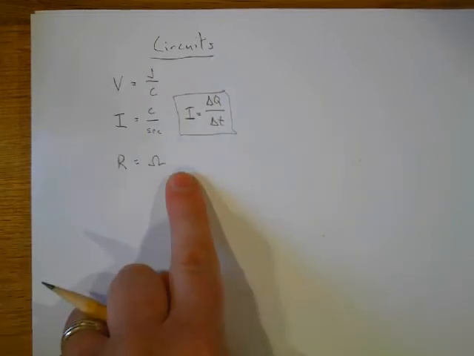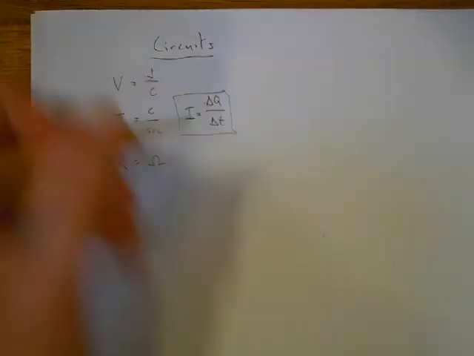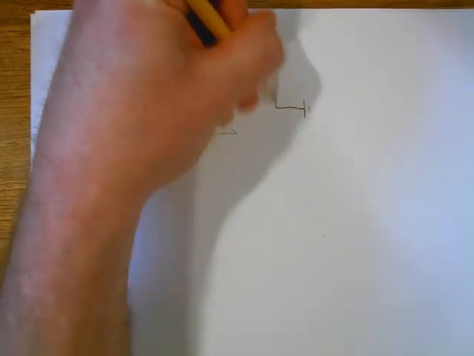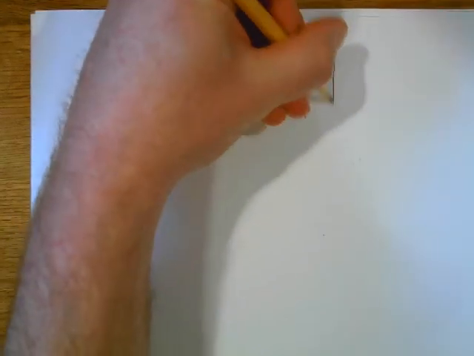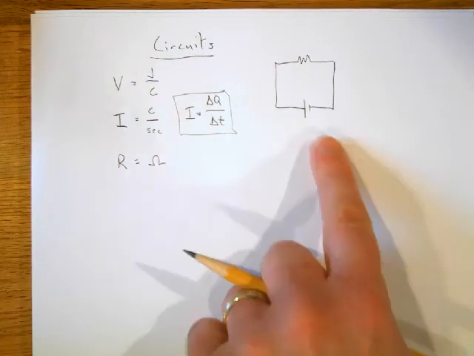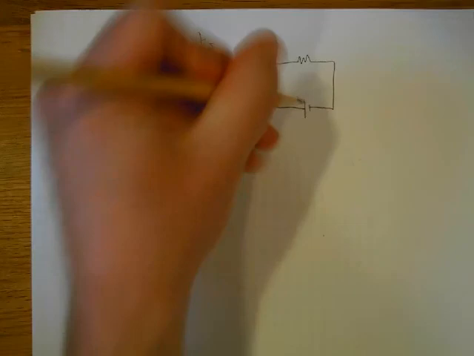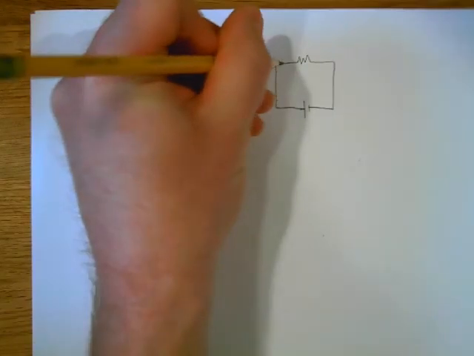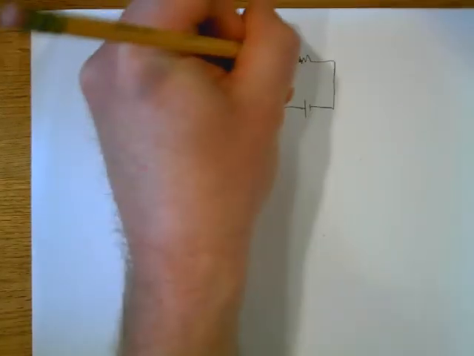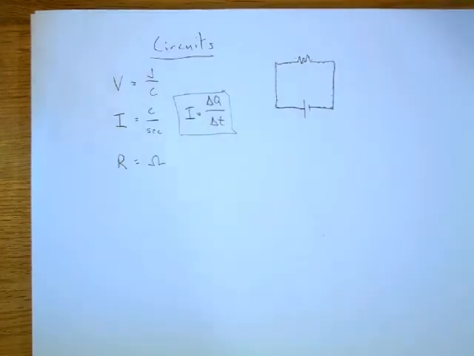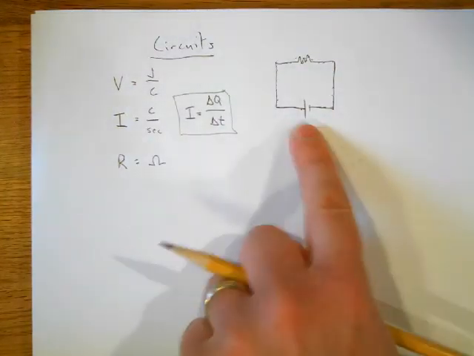So if we had a circuit, for example, a real basic circuit like this. Okay. Remember how the charges actually move. First of all, the charges are already in the wires and the resistor. Those are supposed to represent all the little charges.